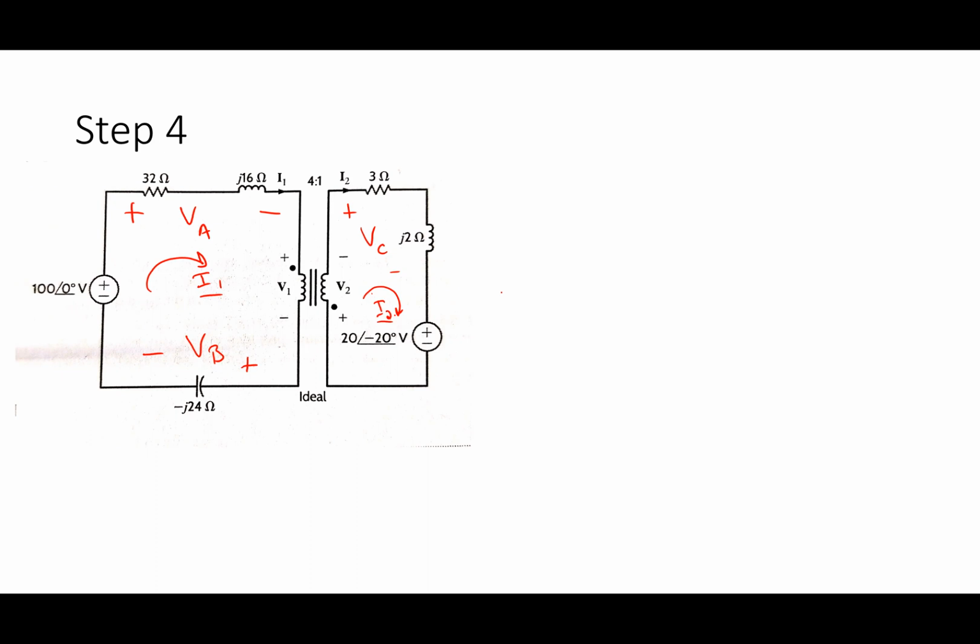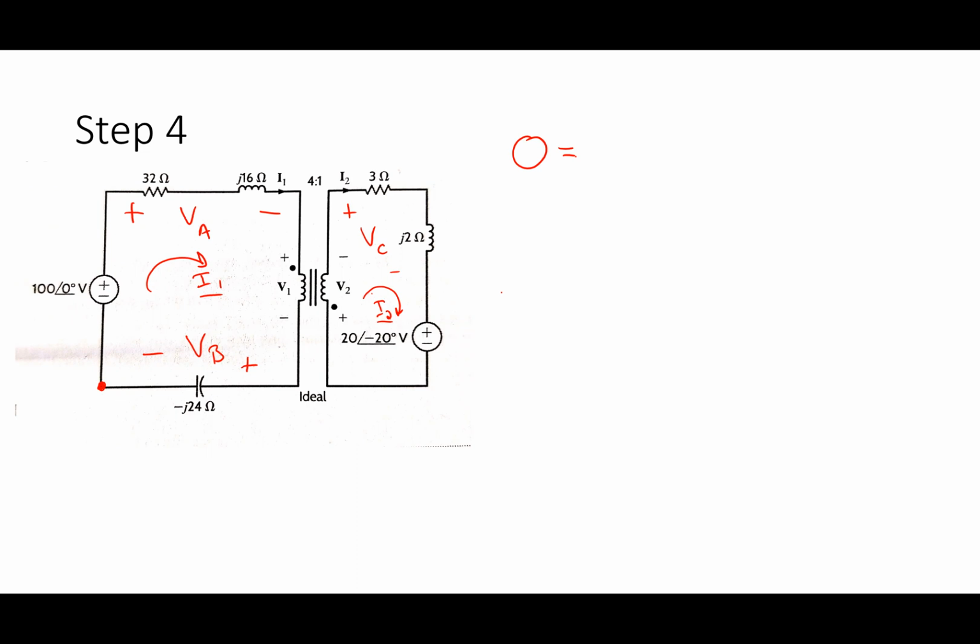Okay, so help me out. On the left mesh, I'm going to start in this corner and work my way around. So I say 0 equals. In terms of the voltages that I've written there, how would I write this out? I go around in a clockwise direction, starting at the 100 volt source.